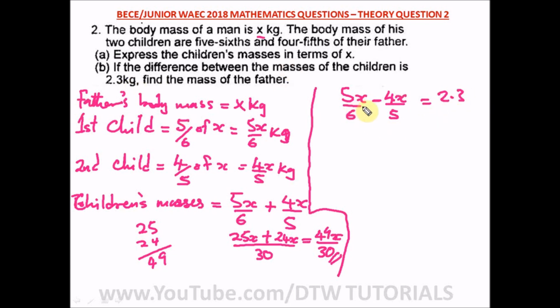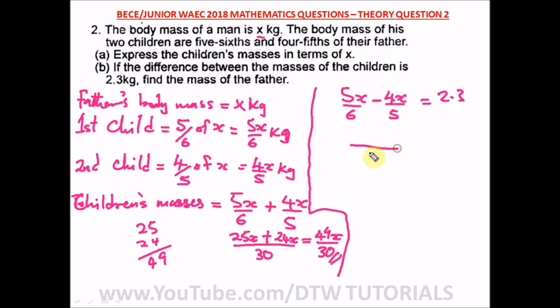All right, so we are now to look for the mass of the father, which is x. So this equation is simply telling us to look for x. And what's the LCM of 6 and 5?